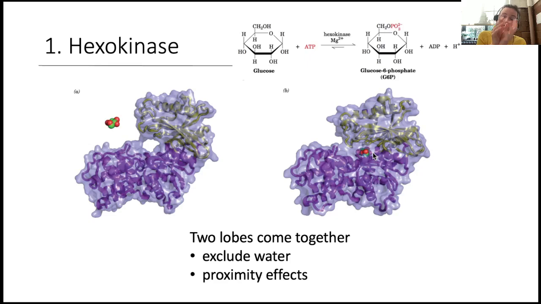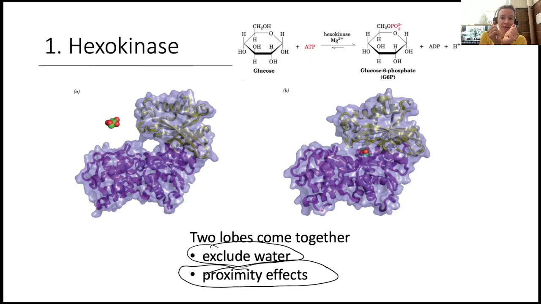This is important for two reasons. First, we are excluding water from the active site, so we're not going to have random hydrolysis happening because water's there. But remember from our enzyme mechanisms class that we also need to be thinking about the proximity effects.